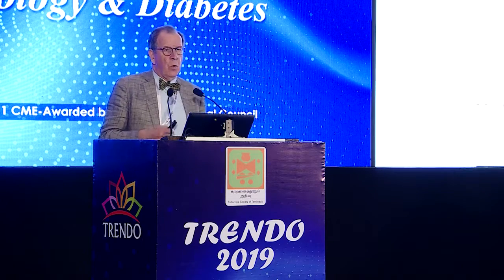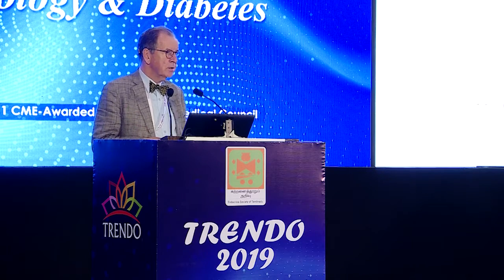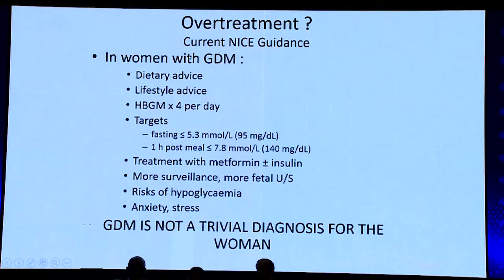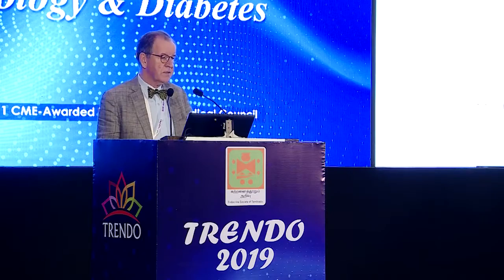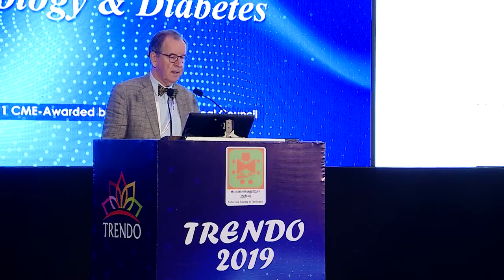So how do we treat women who have a label of gestational diabetes? The current NICE guidance says, and this is pretty typical of many international guidelines, dietary advice, lifestyle advice. You've got to exercise more, you've got to go on a diet. Well, that's okay, but if you've got other kids and a family at home, it's not always easy to do all of these things, but most women try their best.